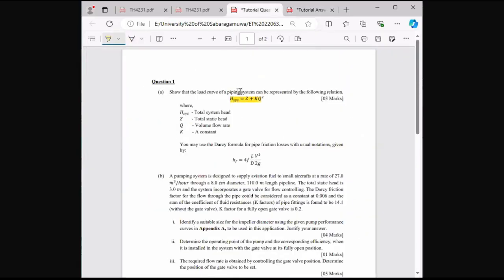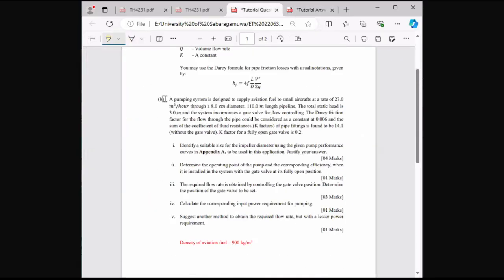Then next thing is, a pumping system is designed to supply aviation fuel to small aircraft at a rate of 27 cubic meters per hour through an 8 centimeter diameter pipe. The pipe length is 110 meters.